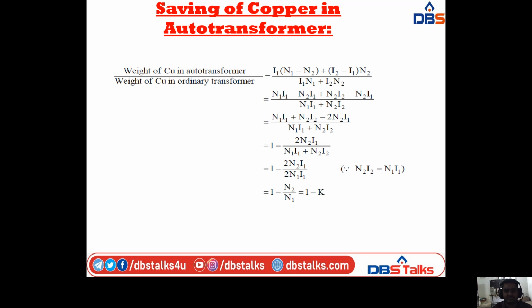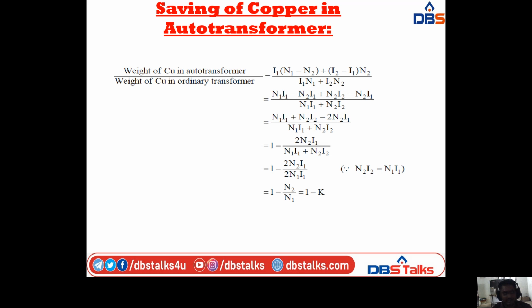Expanding the numerator, we have N1 I1 minus N2 I1 plus N2 I2 minus N2 I1, over N1 I1 plus N2 I2. This gives N1 I1 plus N2 I2 minus 2 N2 I1, over N1 I1 plus N2 I2.